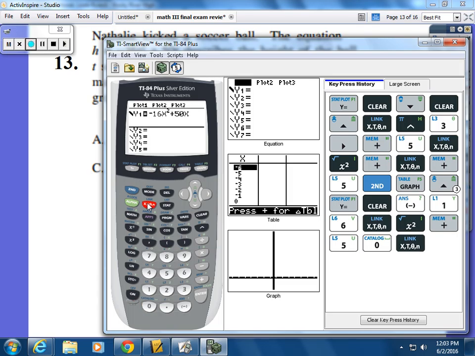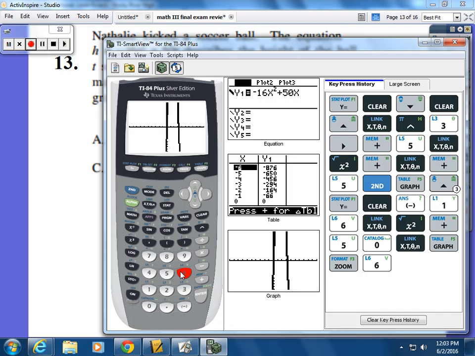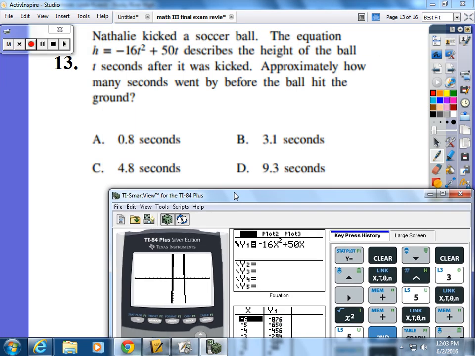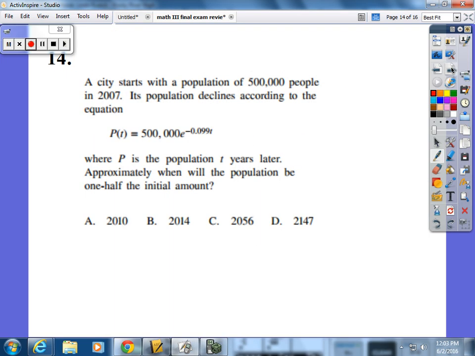And then you want to see where it crosses the x-axis. Okay, and it looks like it's just above 3, so it's going to be 3.1 seconds. You could find the x-intercept, the zeros. Number 14.